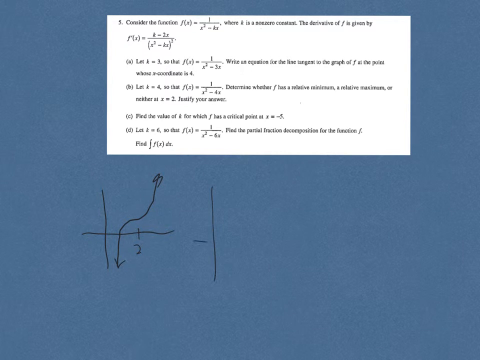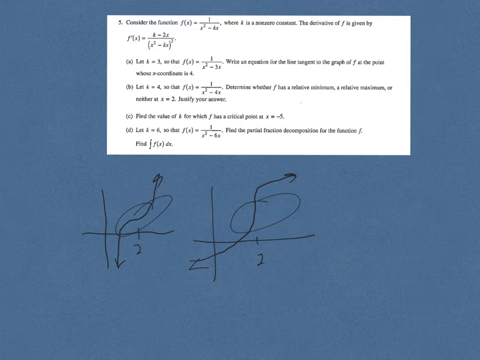Or it could do this at 2. We could have something that's going up and then gets very steep and then goes like that. So those would be two situations where the derivative would be undefined or equal to 0 at 2, but we don't have either a relative max or a relative min.